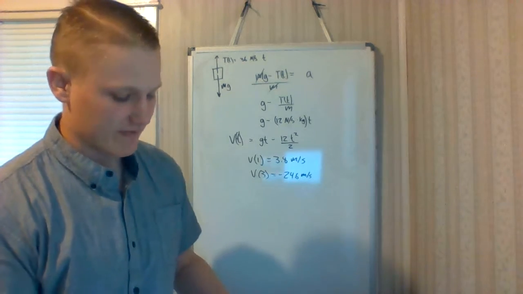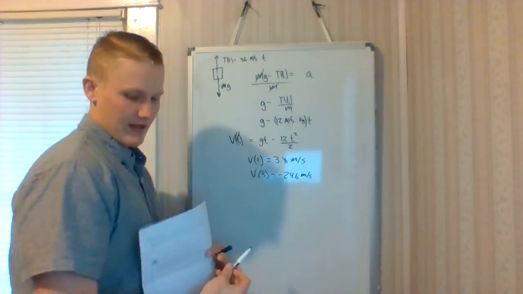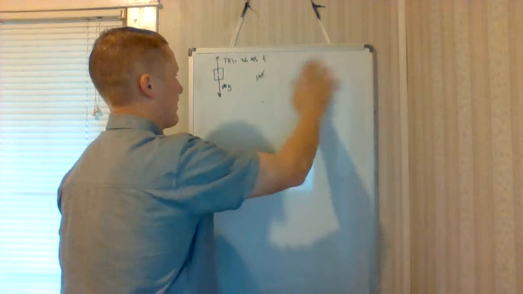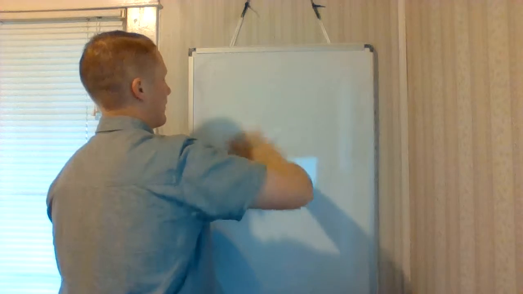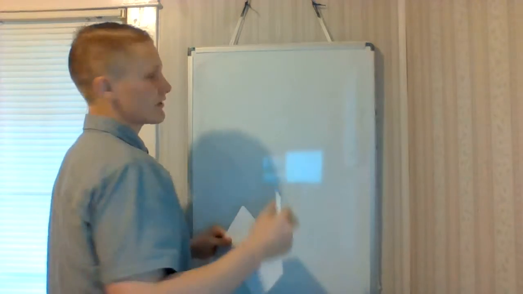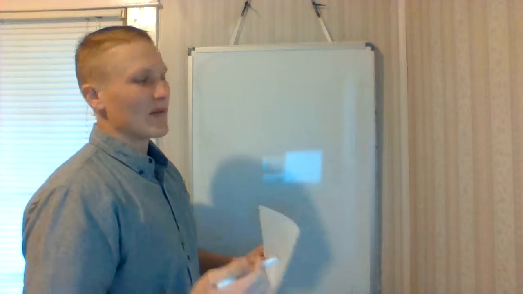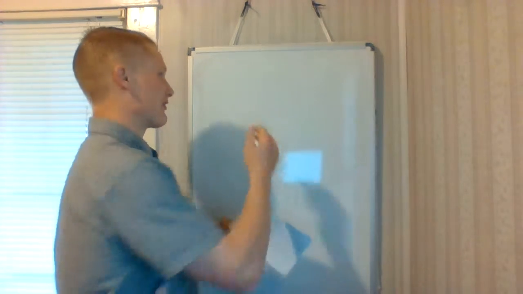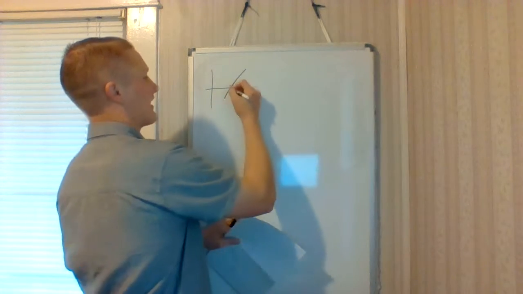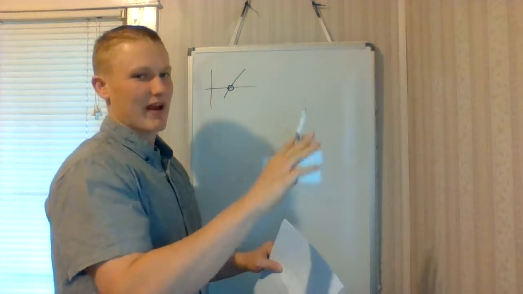So if we take our velocity function and we find the zeros of that, when your velocity is 0 and it's gone from negative to positive through your function, at this point it has gone down low enough and it's coming back up at its lowest point.